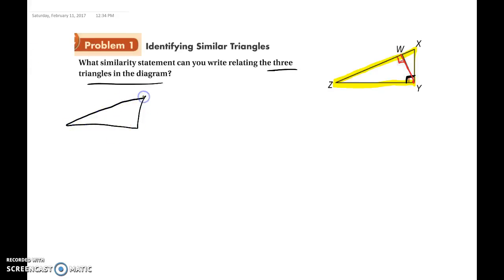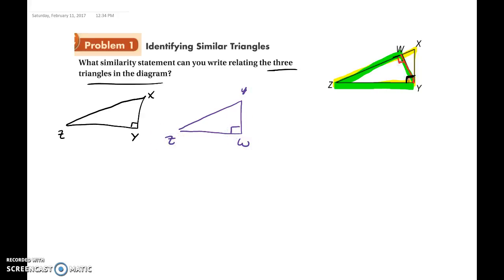So we have the original ZYX. Then we have this other triangle that's created, which I'll highlight in green and redraw off to the side. I'm going to draw it looking the same way, so it'll be this triangle here where W is our right angle. So we have WYZ.